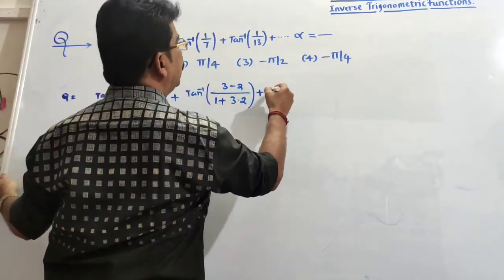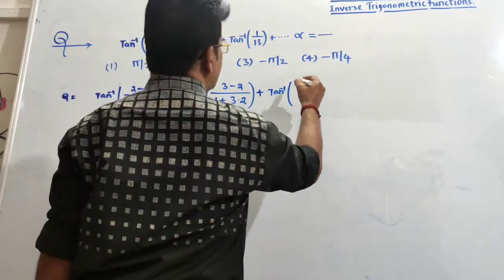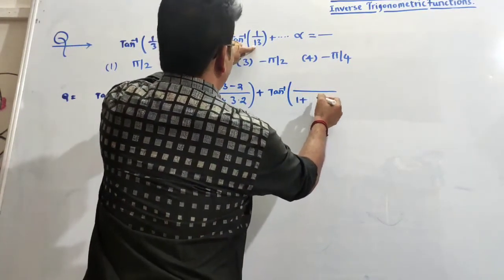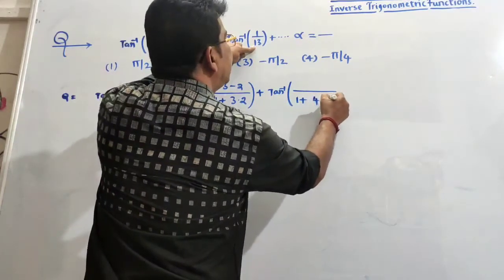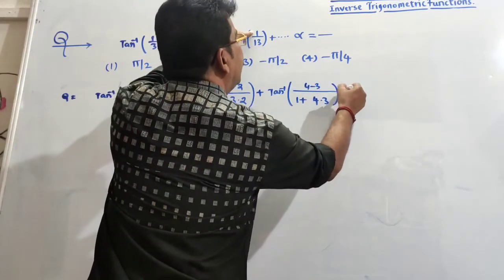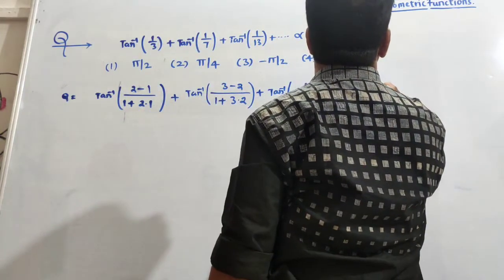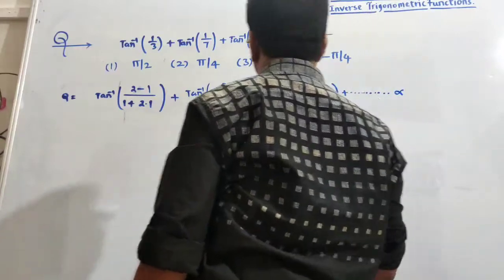Plus tan inverse of, this can be written as 1 plus 12, 12 means 4 into 3. This one can be written as 4 minus 3, like that, plus and so on, up to infinity.